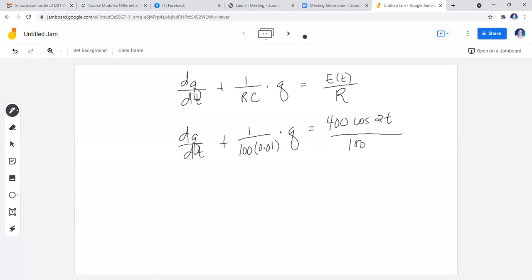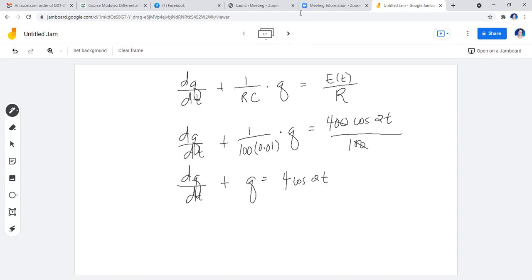So I have placed the values of the resistance, the capacitance, and the EMF in our model DE for an RC circuit. Now we will simplify, so this becomes dq/dt plus, this is actually 1, so you have Q, equal to, dividing by the 100, 4 cosine 2t.